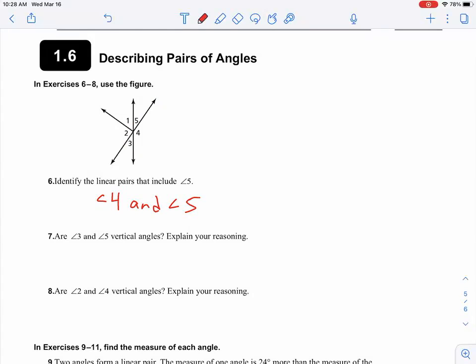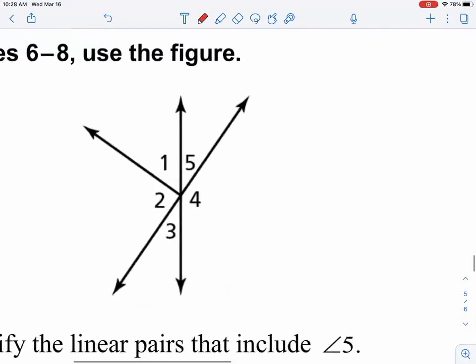Well, good question. 5 and 2 doesn't work because of this wedge here. To make up that straight line, we need 5, 1, and 2. You need all three of those to make up that straight line. Any other questions on that?